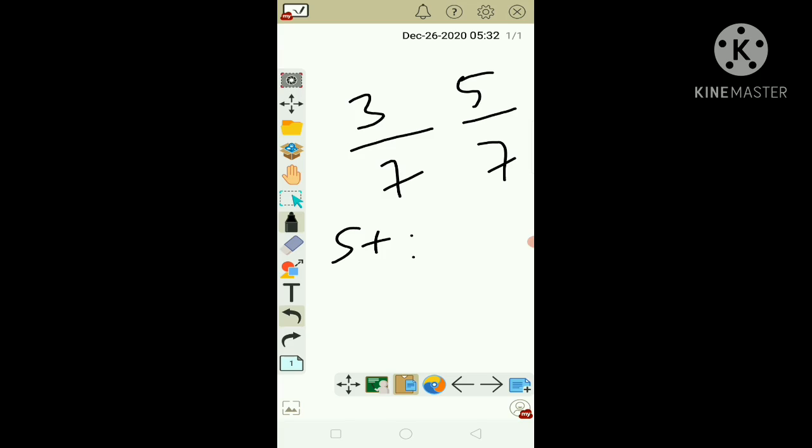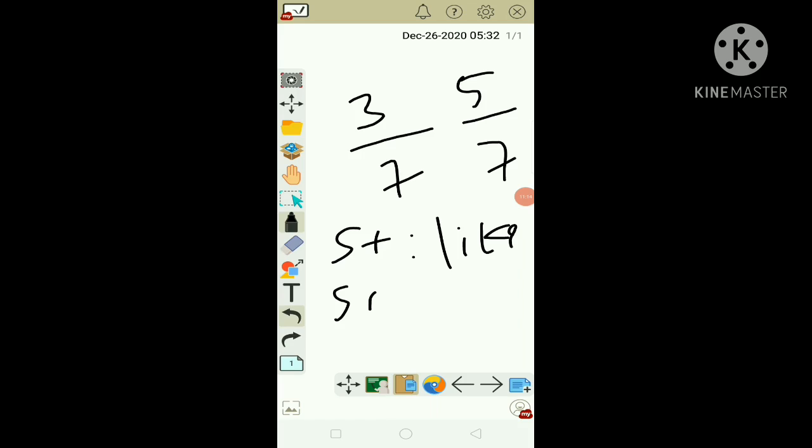Don't forget this when you compare fractions. First step, identify the fraction type. 3 upon 7 and 5 upon 7 are like fractions. Like fractions have a rule: the greater numerator is greater. So I find that it's a like fraction.